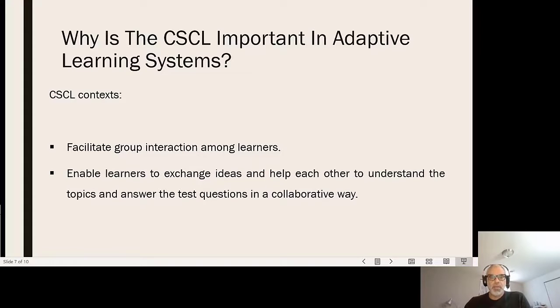So why is the environment itself important? The environment gives affordances to facilitate group interactions, whether in the same place, same time, different place, different time. All the different modes of interaction can only be supported by a good environment, enabling the learner to exchange ideas and help each other to understand the topic and answer the questions in a collaborative way.